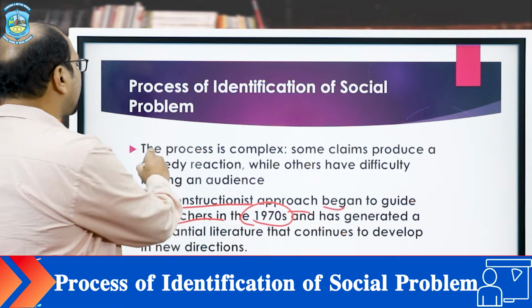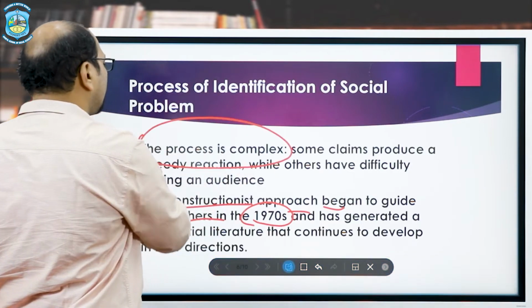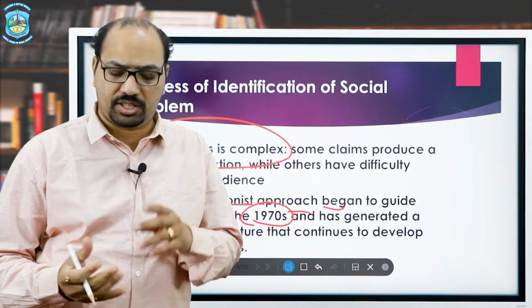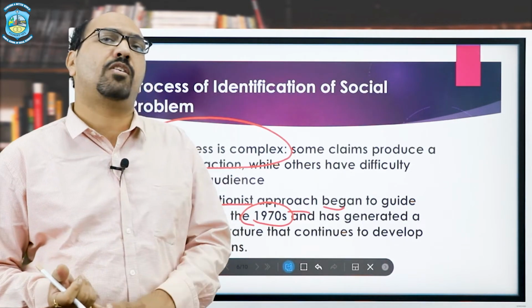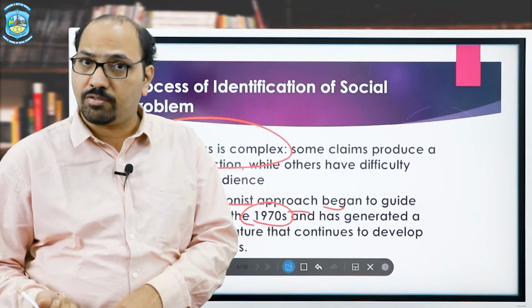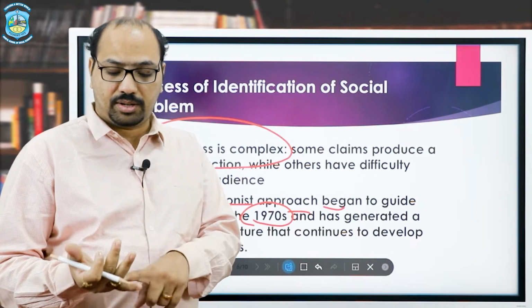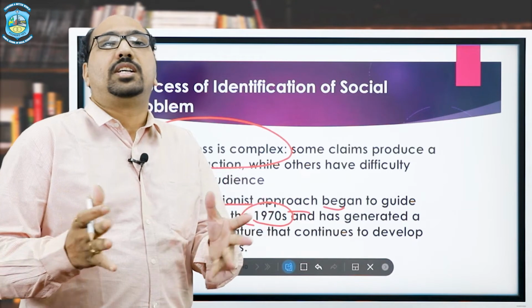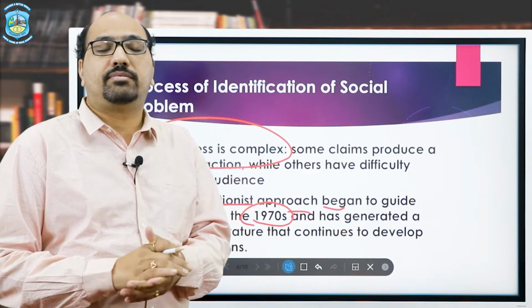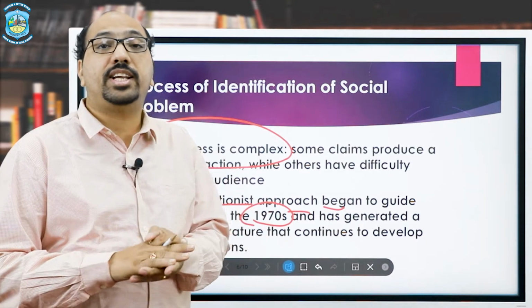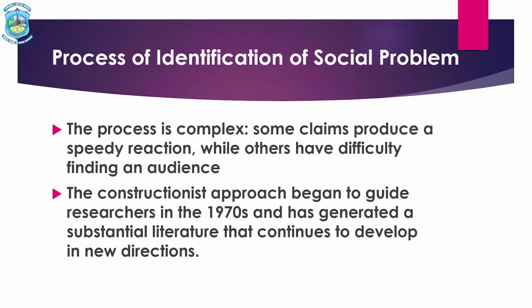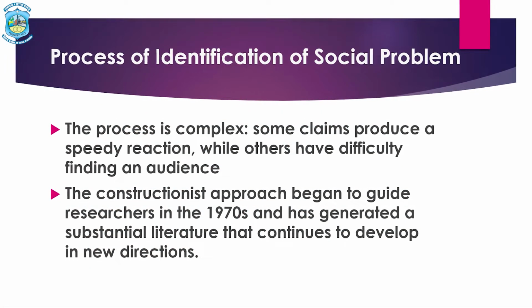And as I already told you, this entire process is complex because a lot of stakeholders are involved. The government is involved, media is involved, scholarship is involved. At the same time, social groups are involved, and the most important thing is that society at large is the biggest stakeholder in this entire process.